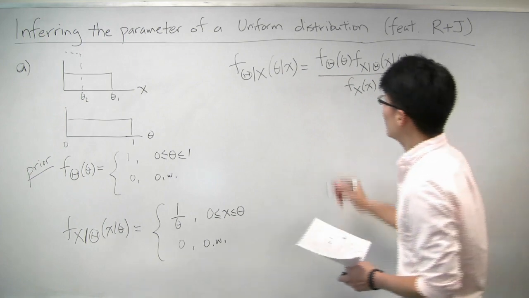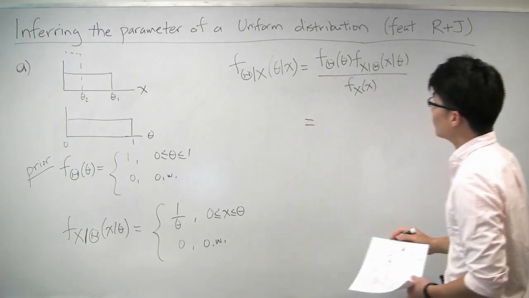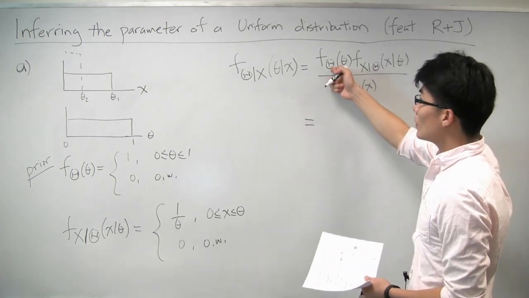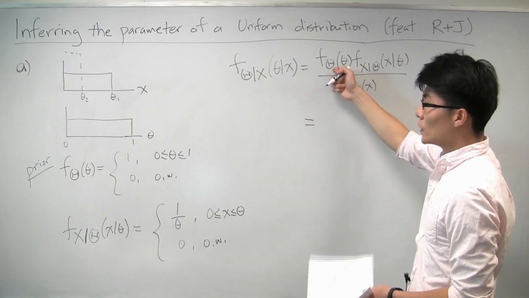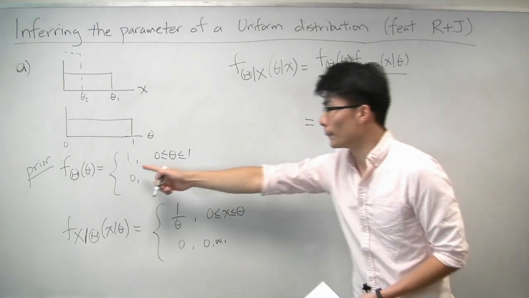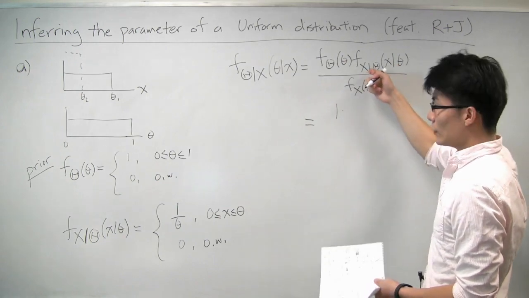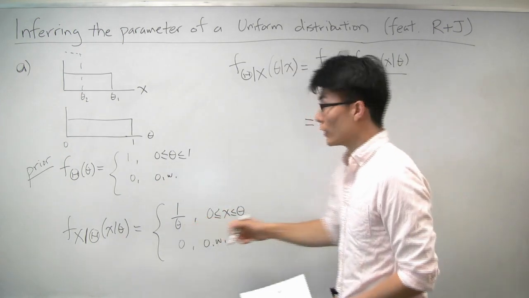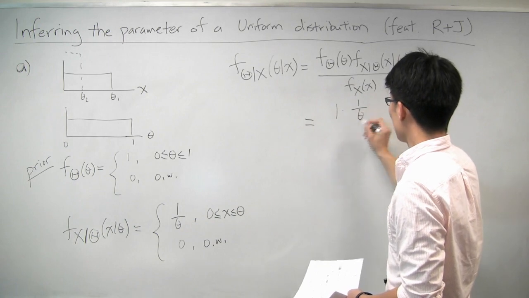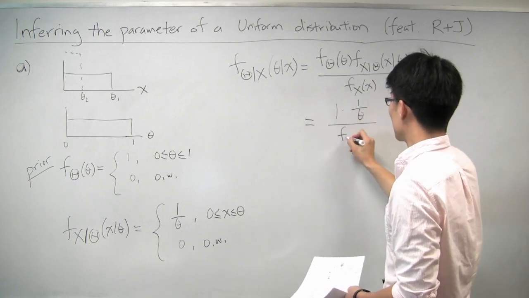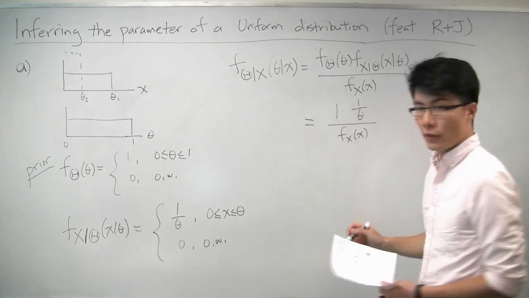All right. And we know what most of these things are. The prior, or just the PDF of theta, is 1. The conditional PDF of x given theta is 1 over theta. And then, of course, we have this PDF of x.